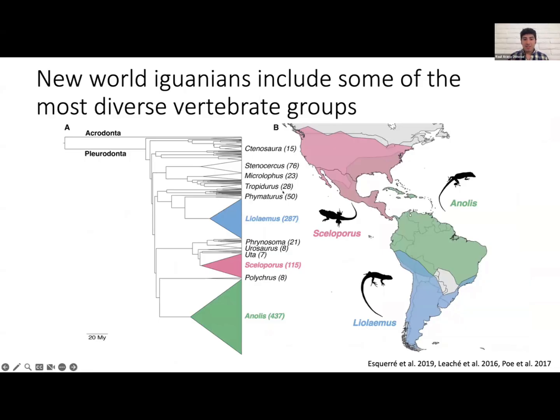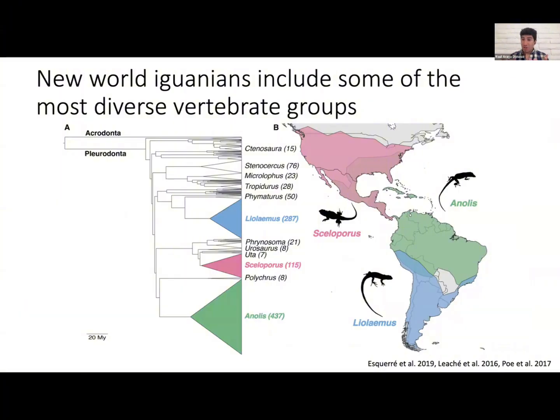They have these 3 genera that are colored here that are distributed in the Americas and have the biggest species numbers that we have in vertebrates. For instance, anoles, which are in the tropical Americas, have over 400 species. The Liolaemus lizards from South America have almost 300 species, and Sceloporus around over 100 species.